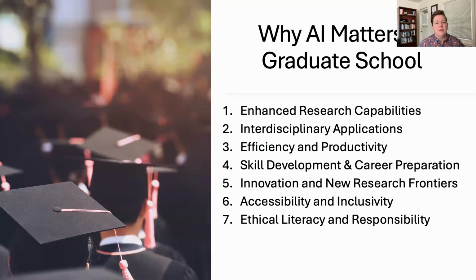Really thinking about ethical literacy and responsibility is going to be a huge part of being educators, academics, and going into professional fields. Understanding what AI means for society, what it means ethically to grapple with questions about privacy, bias, fairness, transparency, and accountability in these AI systems.